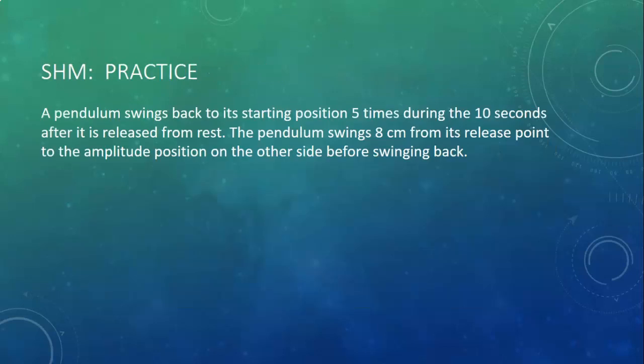So, let's try a problem. You can read it for yourself, but basically we time a pendulum and it goes back to its starting position 5 times during the 10 seconds that it's been swinging after being released from rest. And when it swings, it goes 8 centimeters from its release point to the amplitude position on the other side before swinging back.